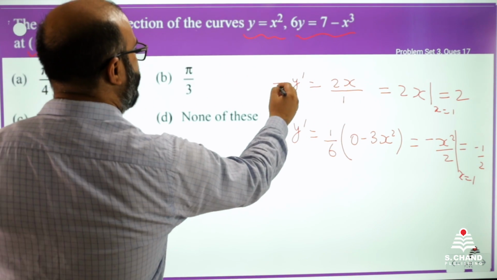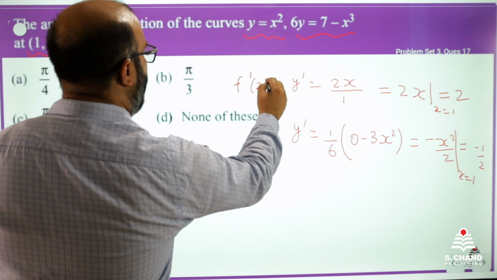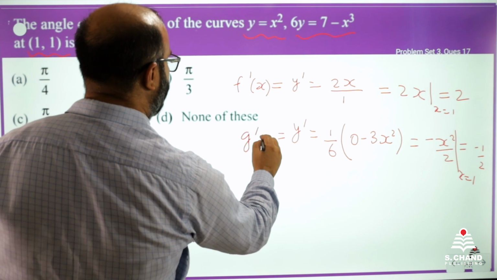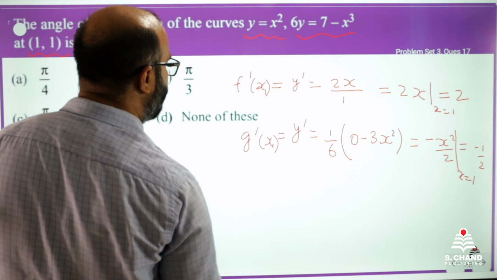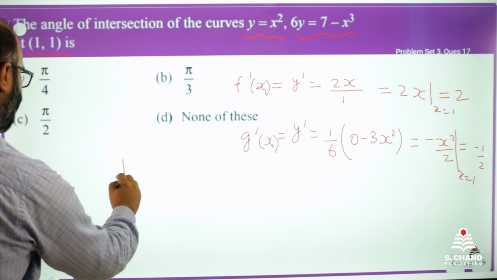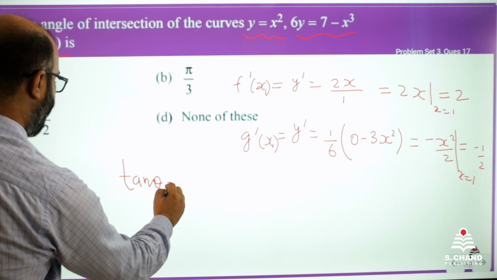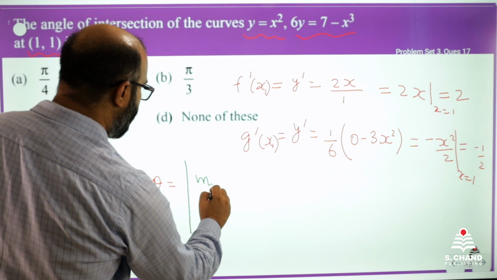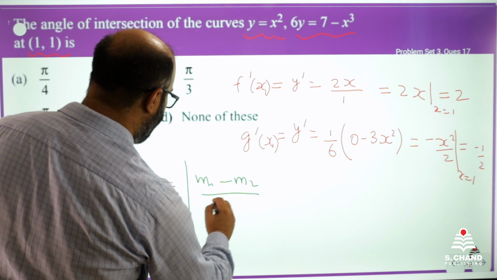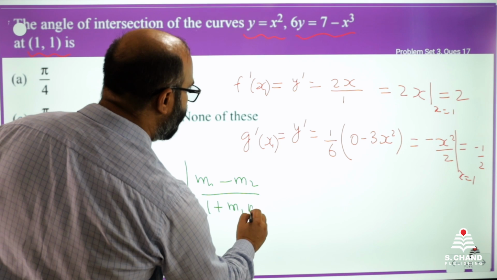So this is actually f dash of x and this is actually g dash of x. Now at x is equal to 1 you are finding it. Now if you want to find the angle between them, tan theta will be equal to, as we know, m1 minus m2 by 1 plus m1 into m2.